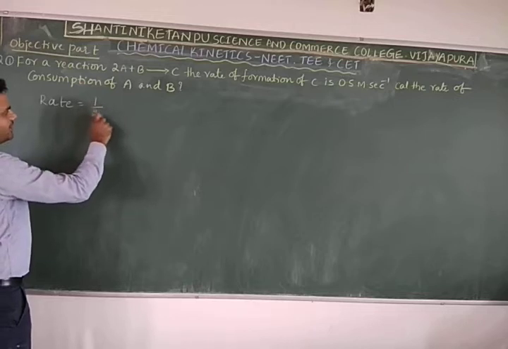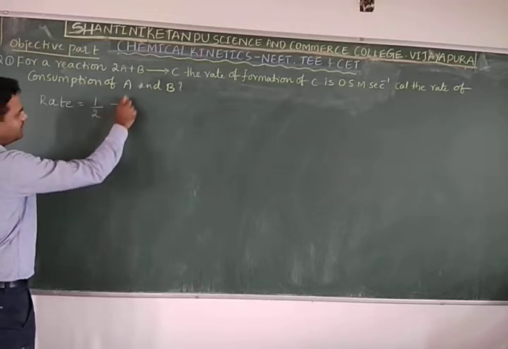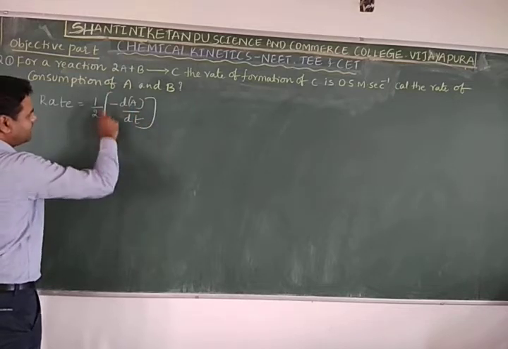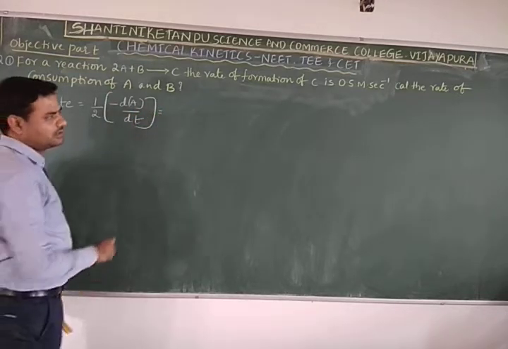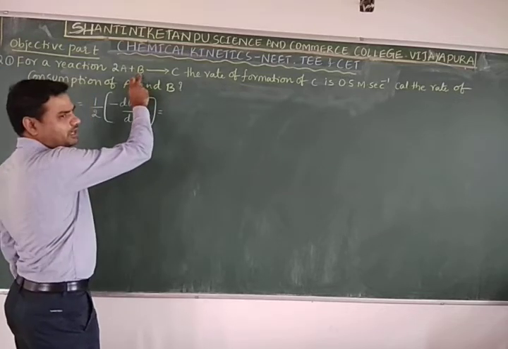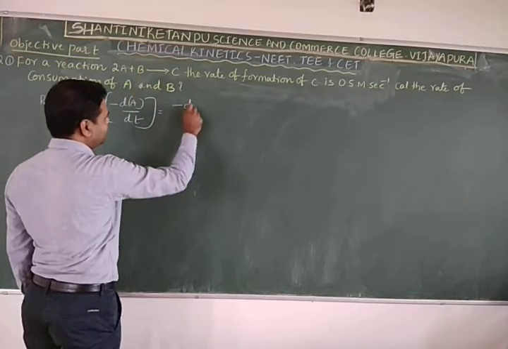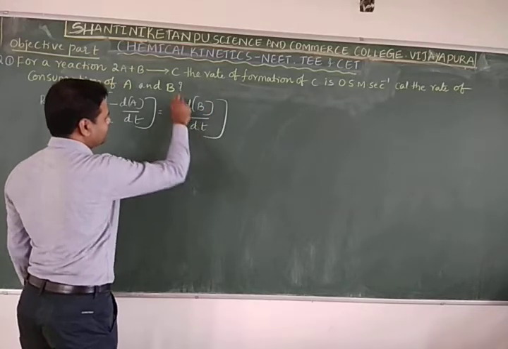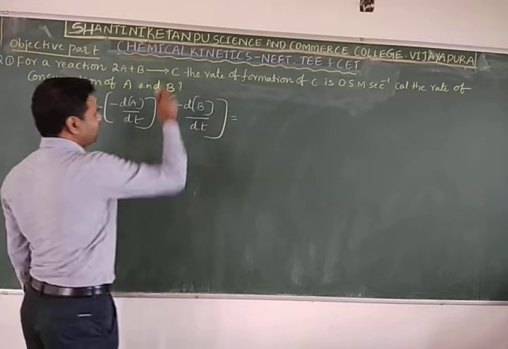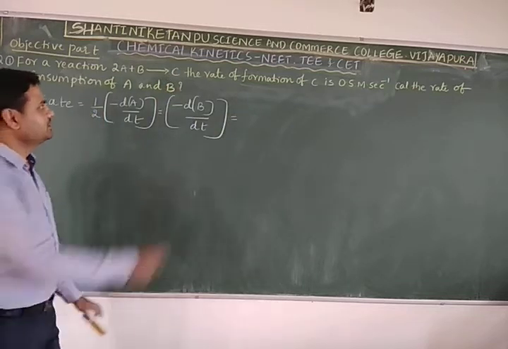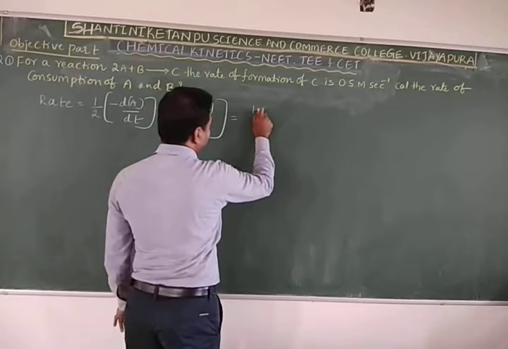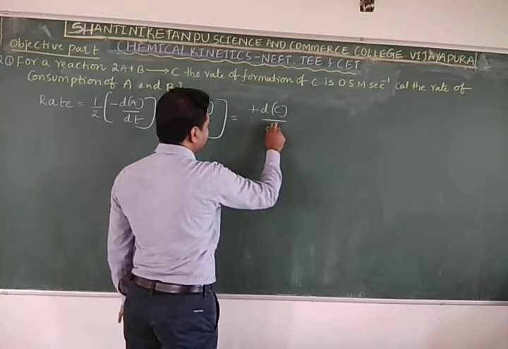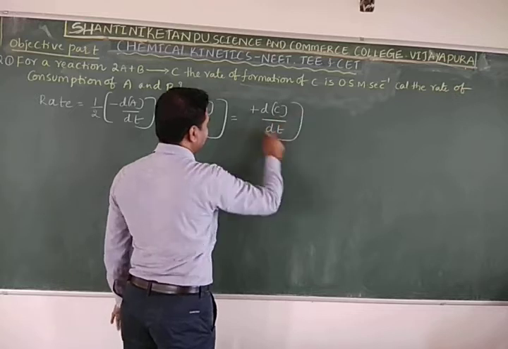Therefore, 1 by 2 into minus dA by dt. And here, how many moles of B? 1 mole. Therefore, minus dB by dt, which is equal to rate of formation of C, again 1 mole, therefore plus dC by dt.